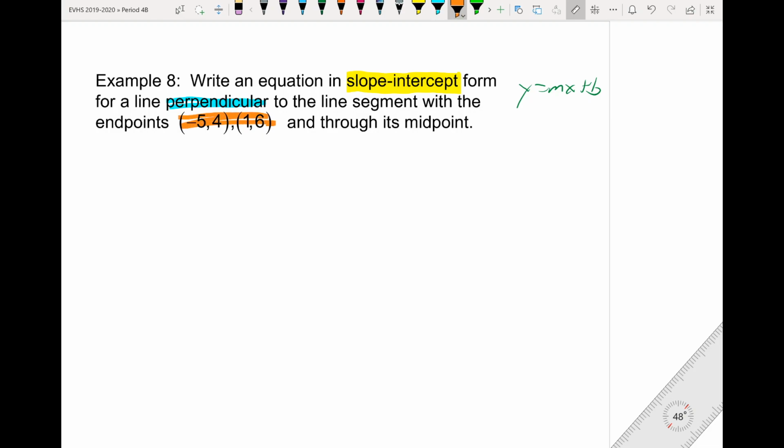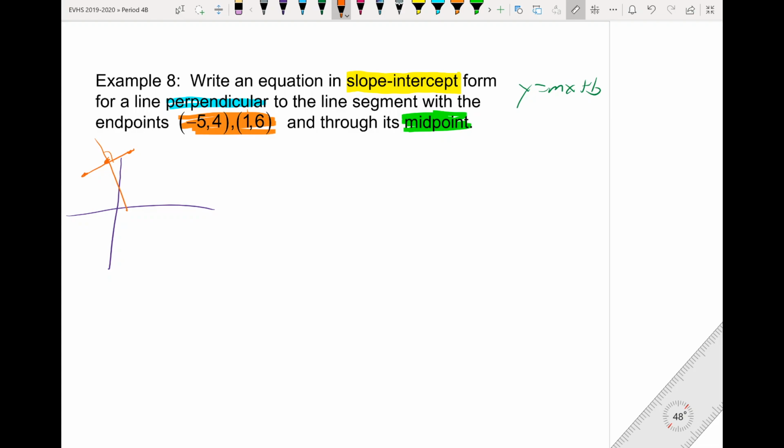It goes through these 2 points, and perpendicular to that, but it goes to the midpoint of those 2. So basically what's going on here, we're going to have the points -5, 4, and 1, 6. We're going to have to find this midpoint and then find the line that goes perpendicular to it. All right? Easier than it sounds.